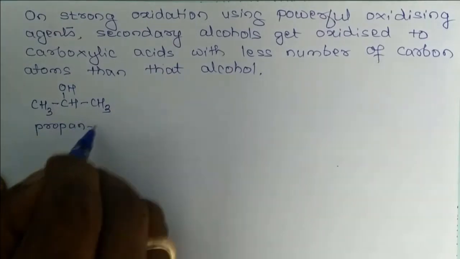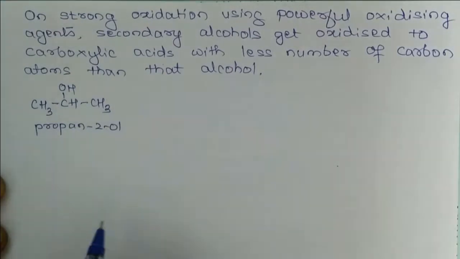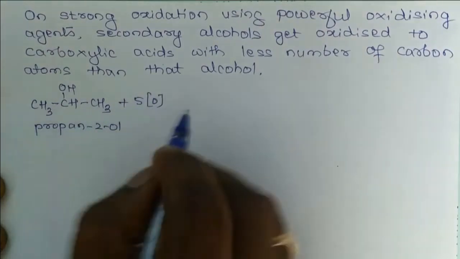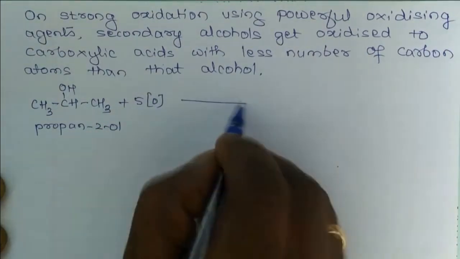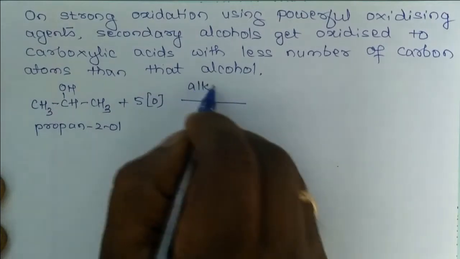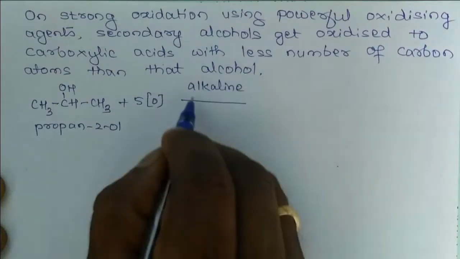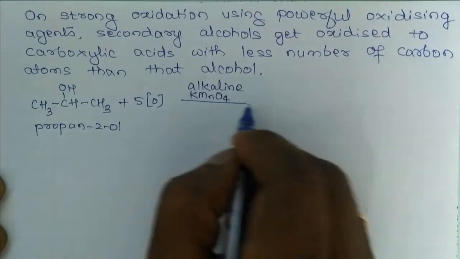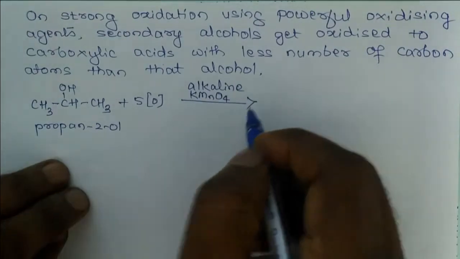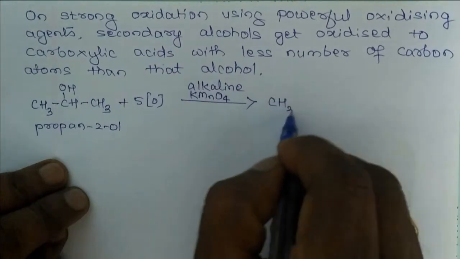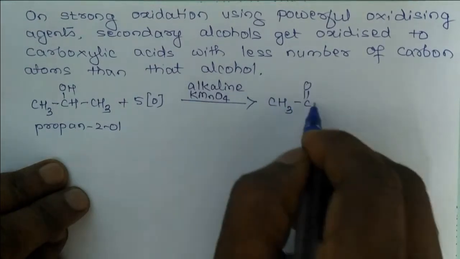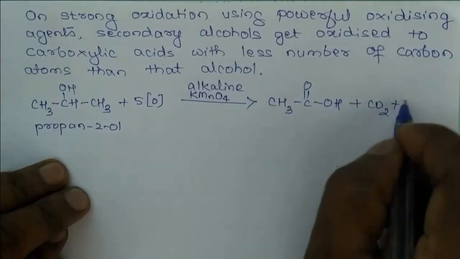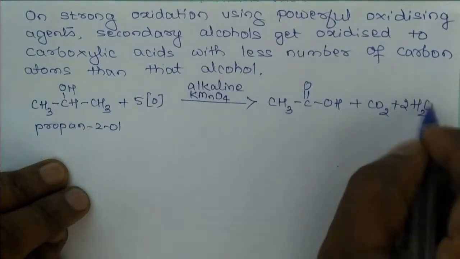Propan-2-ol undergoes oxidation, forming, with alkaline KMnO4 solution, acetic acid, CH3COOH, plus CO2 plus 2H2O.